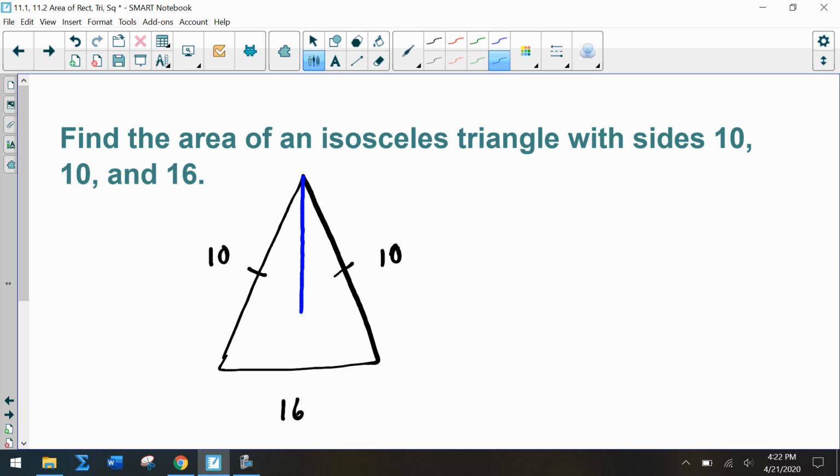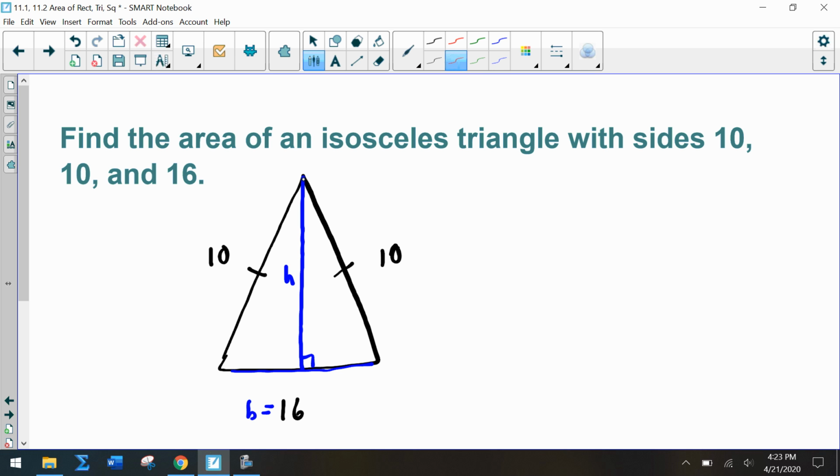What if we drop this altitude down this way? That is considered our height. And so if we knew what this height was, then we could do our base times our height, divided by 2, gives us the area of this whole triangle.